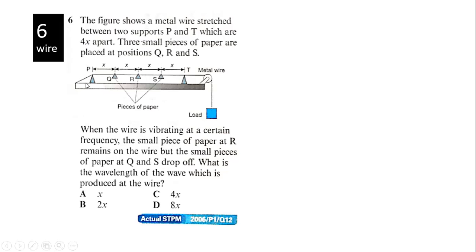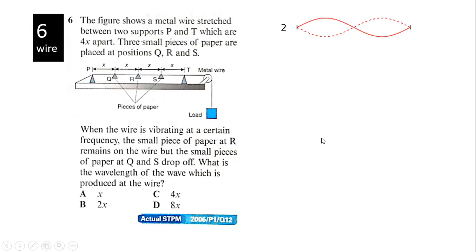First, this is a node. This is a node. This is a node. Right? It's not vibrating, so the paper doesn't jump off. Q and S, the paper is thrown off, means it must be vibrating very fast. Antinode, antinode. Right? So it's a complete wavelength from here. It's going up, come down like that.